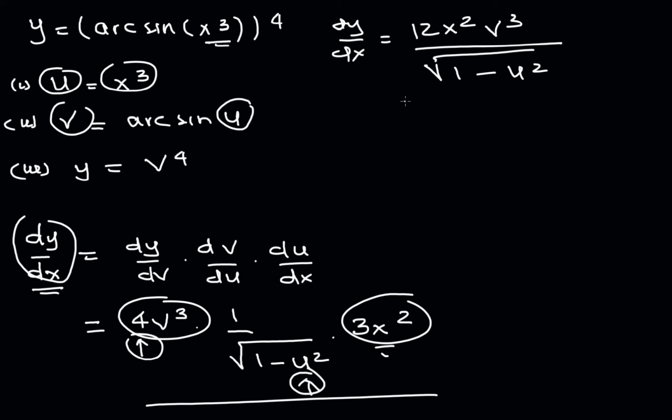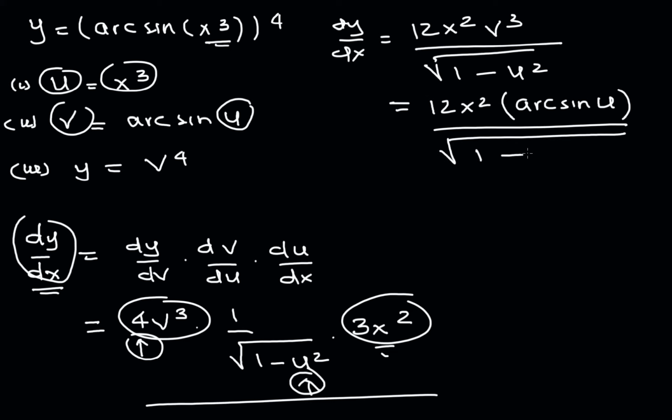So we continue. And then we're going to say carefully 12x^2. V is this one, which is arcsine u, right? And then here we're going to say we have square root of 1 minus, I'm going to replace this, but still leave the square here.